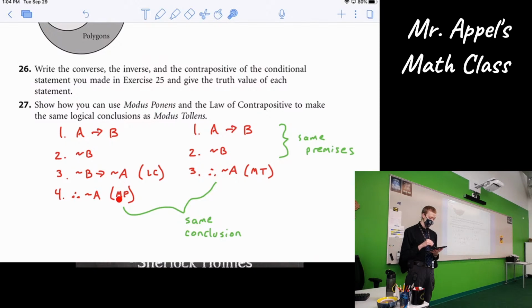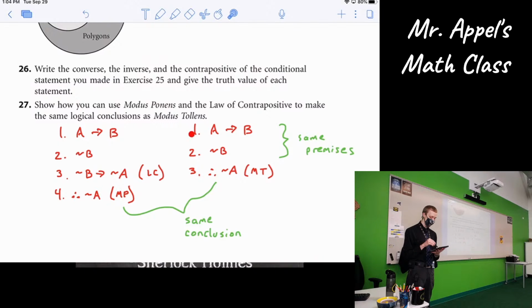And then modus ponens combines not B with this to conclude not A. Whereas I can start with the same premises, if A then B and not B, and conclude straight to not A from modus tollens.